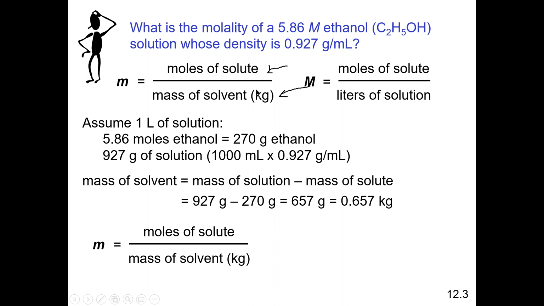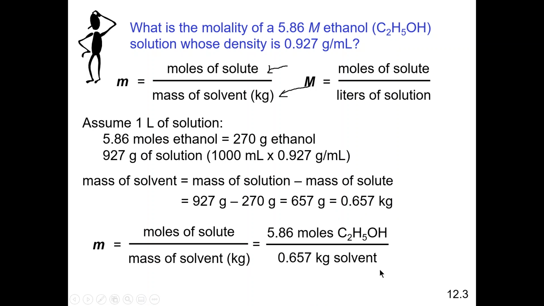All we have to do from here is plug in the numbers for the moles of the solute, which is the 5.86 moles of ethanol, divided by the mass of the solvent, which is 0.657 kilograms. That works out to be equal to 8.92 m, and that's basically how we do this particular example.